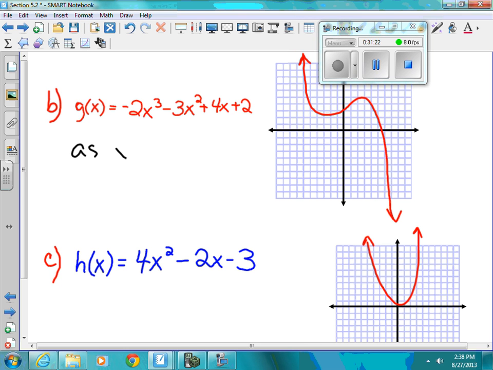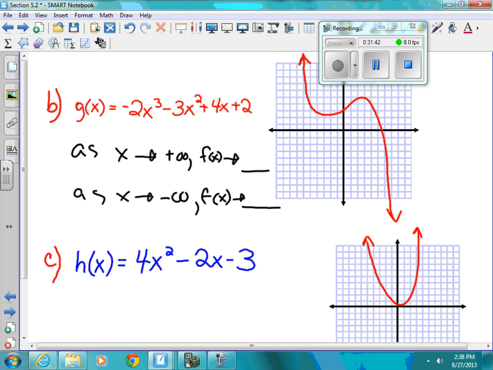As x approaches positive infinity, f of x does what? We're going to fill in this blank. And as x approaches negative infinity, f of x does what? Your answers are either going to be positive infinity or negative infinity.